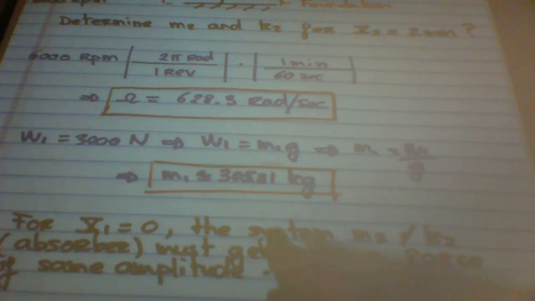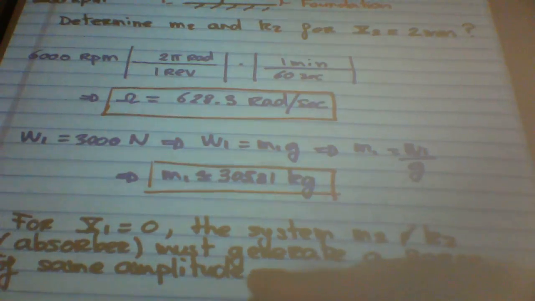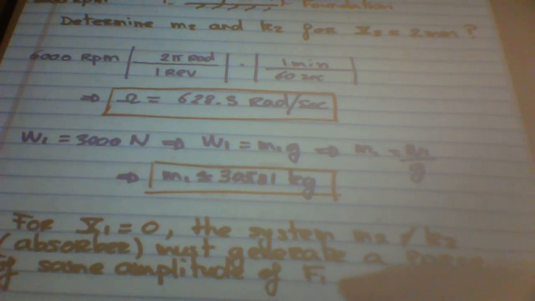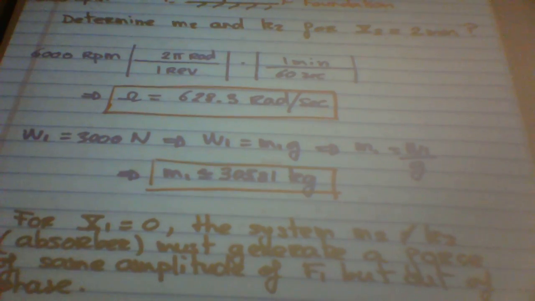Same amplitude as F1, but 180 degrees out of phase. So what does that mean?